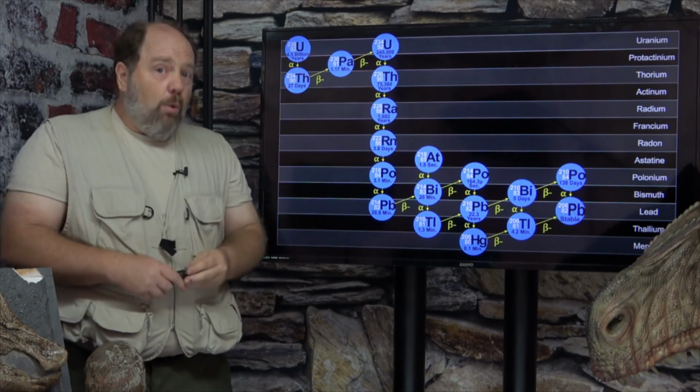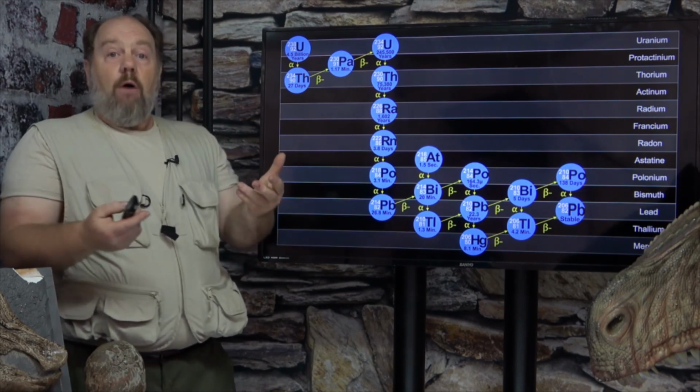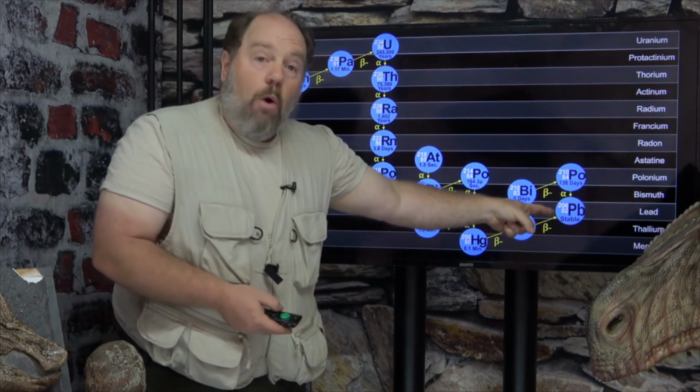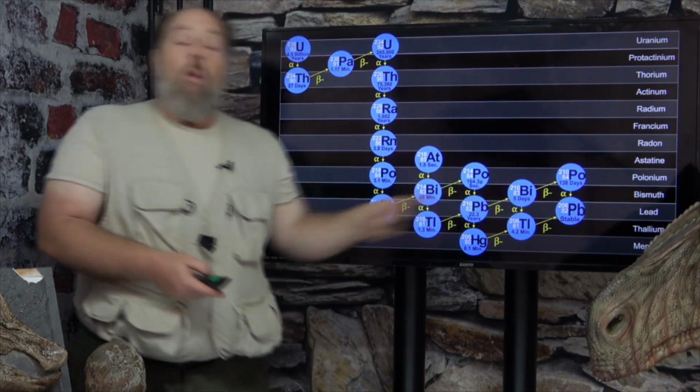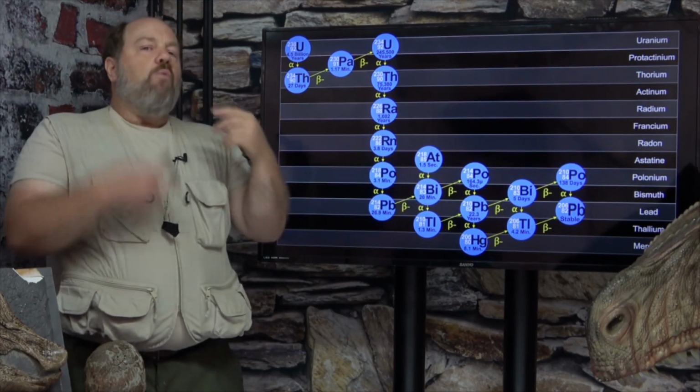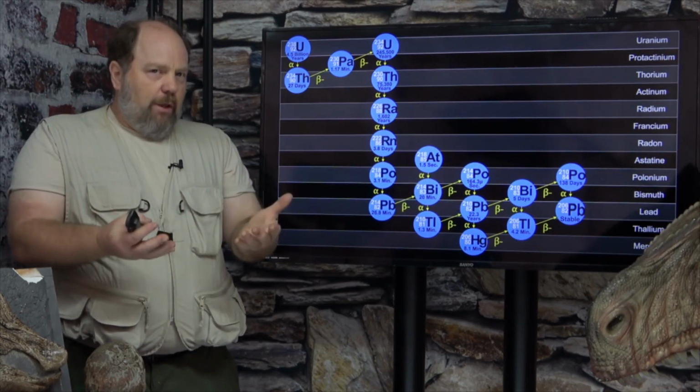If we sample a rock and measure the amount of uranium-238 and the amount of lead-206, or the amounts of any of these elements in between, we can make a ratio of the two elements.